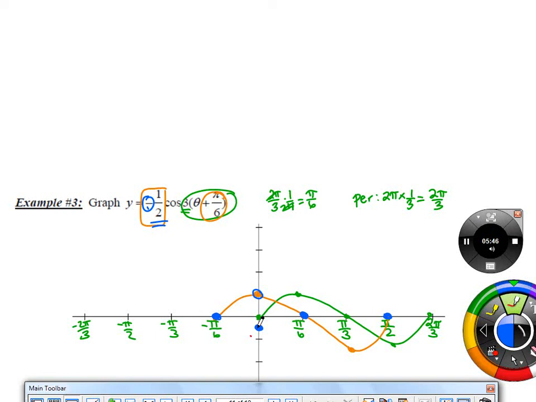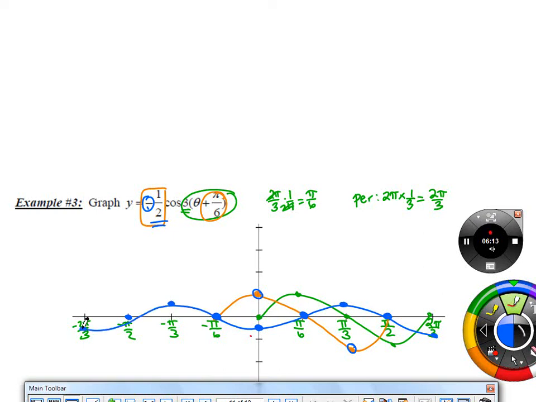Okay? Same idea for this minimum here. The 1/2 is going to make it so that it's only half a unit away from the middle. The reflection is going to make it so that it is above rather than below. So the end result here is this blue graph that I'm drawing. And like I said, we can extend it in each direction following this cycle or pattern of points.